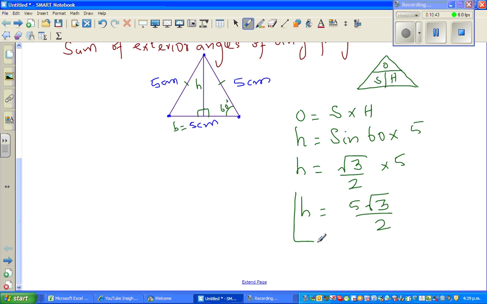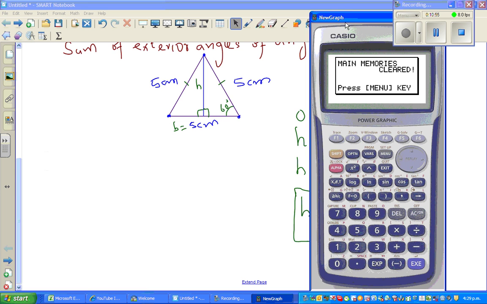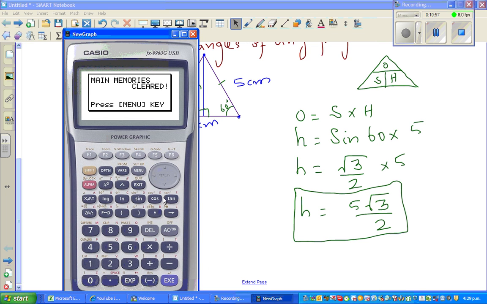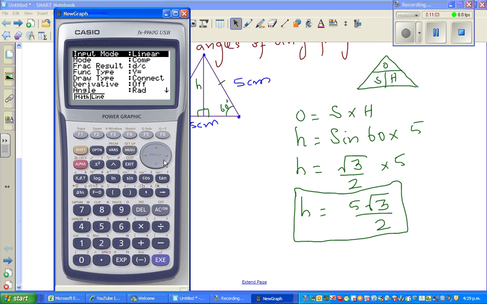Just to check whether sine 60 is root 3 over 2, I'll show this on a calculator. This is my graphic calculator. I'll go to run, and change my setting to degrees because my calculator works on radians by default.